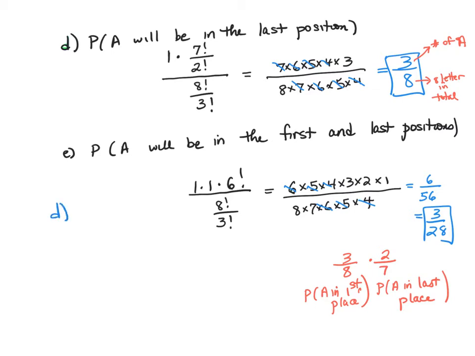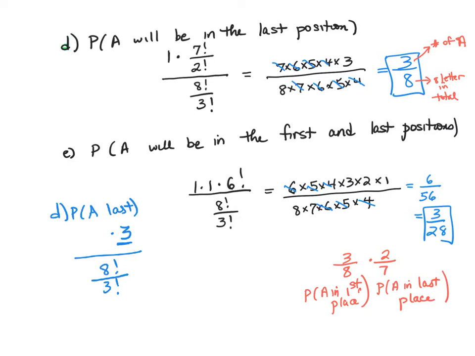And the probability that A will be last, we can do it as follows. The denominator is still 8 factorial over 3 factorial. That's the number of ways to permute all letters in the word parabola. But think of it this way. We've got 8 letters. There would be 3 choices for the last letter to be an A. I mean, this is how we usually do it.